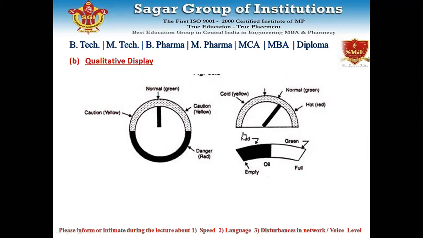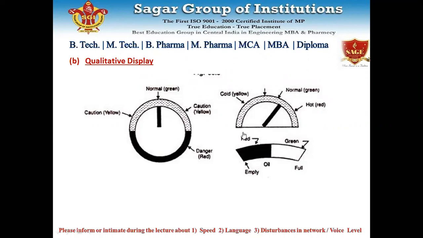If it shows a cool condition, it has a particular range for the cooled condition. If it is a warm condition, then it has a small range for the warm condition. For that particular range it will be static in nature, and when it changes the range, then we can say it comes into the dynamic range.